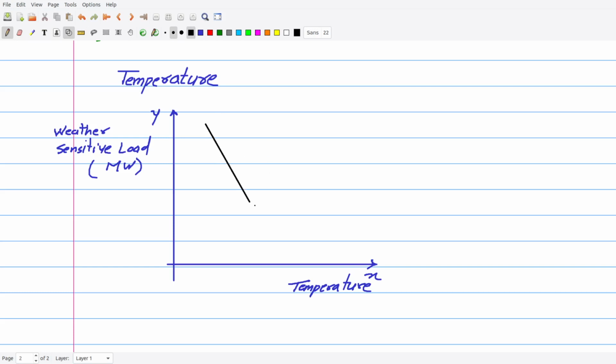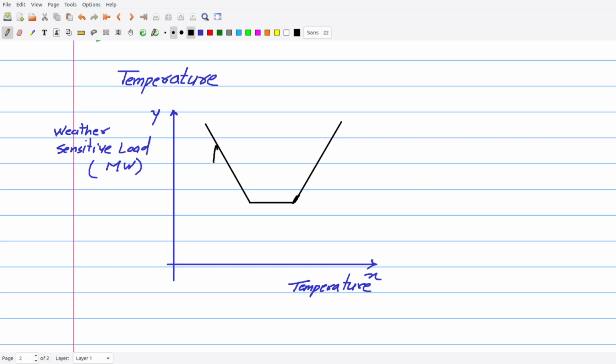So this is a straight line and these are having different slopes.